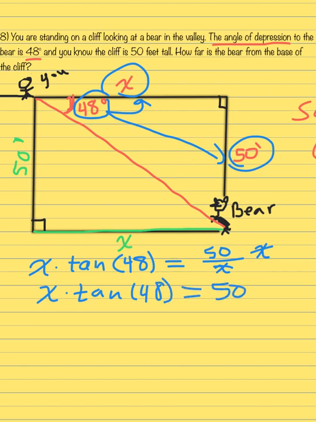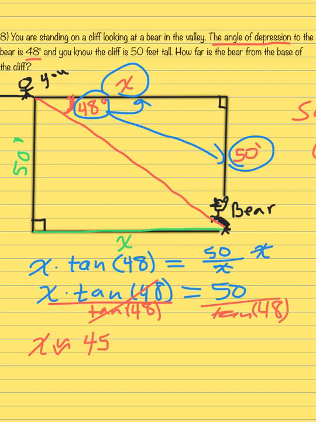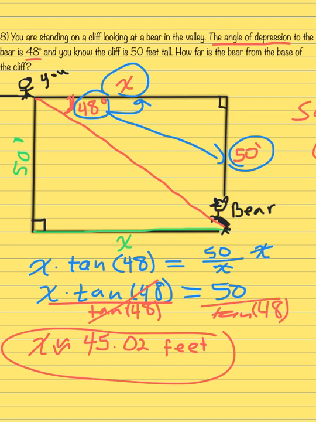And then we're going to divide by the number, which is the tangent of 48. And x is approximately equal to 50 divided by the tangent of 48 degrees, which is 45.02. So about 45 feet away. That's how far the bear is from the cliff, about 45 feet.